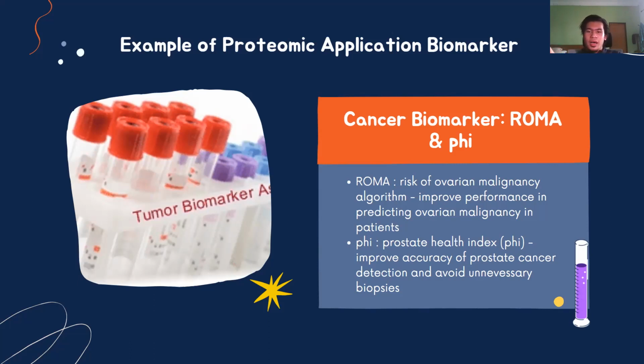The second one is the 5 with PHI, which stands for prostate health index. This biomarker improves the accuracy of prostate cancer detection and avoids unnecessary biopsies.